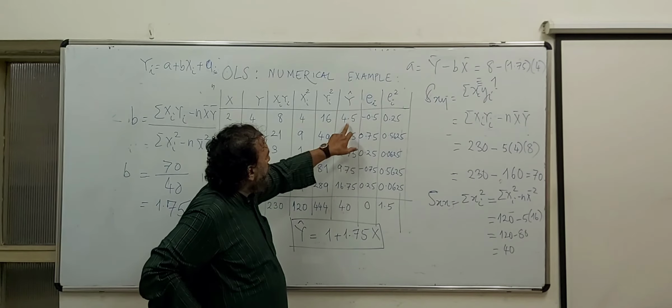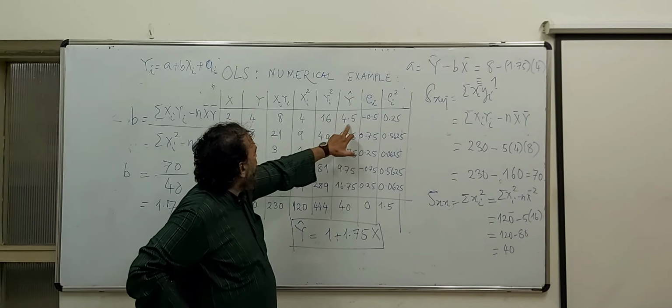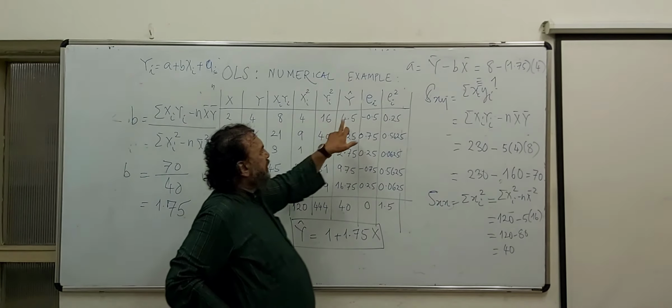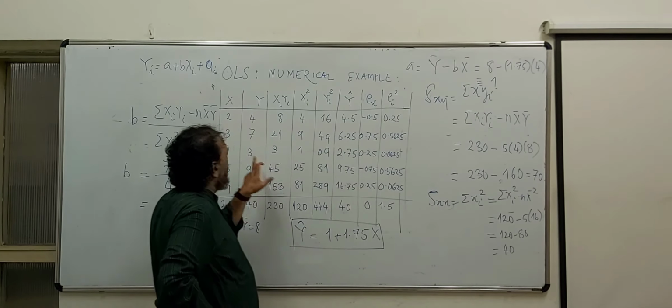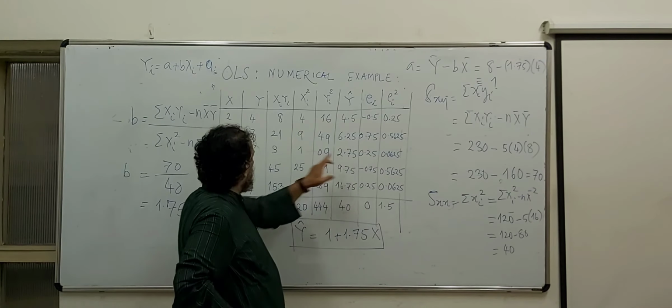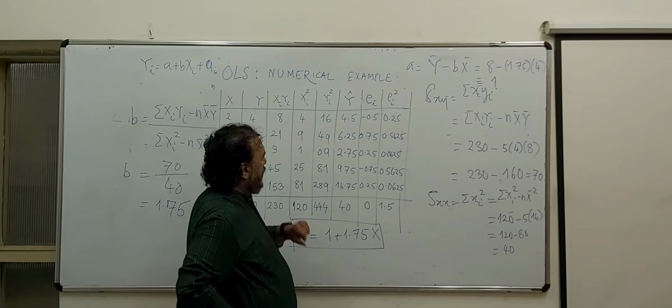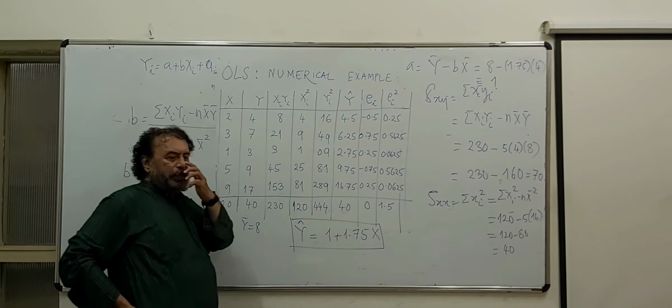These values are going to be listed in this column. We can compare this with the actual y. The actual y is 4, our estimated y is 4.5. 7, 6.25. It is 3 here, it is 2.75. It is 9 here, 9.75. 17 here, 16.75.